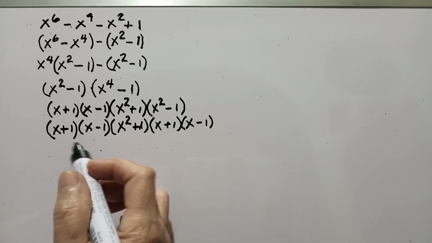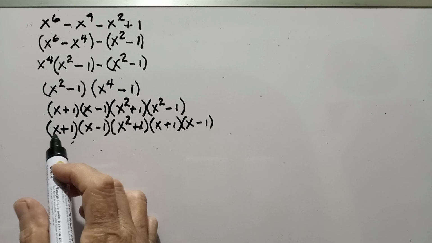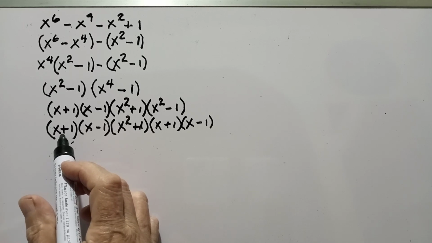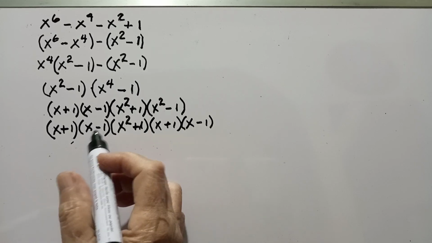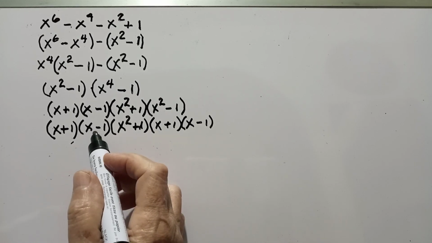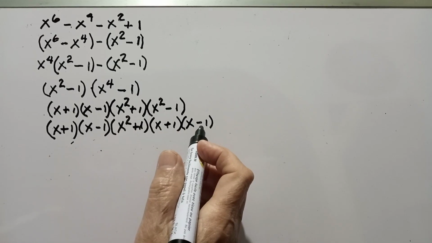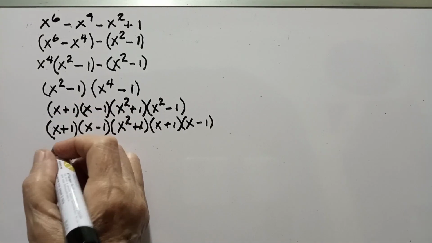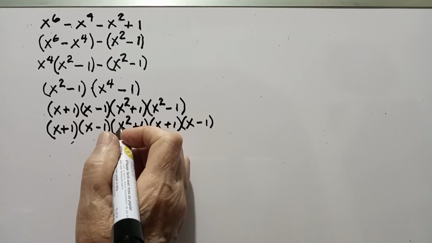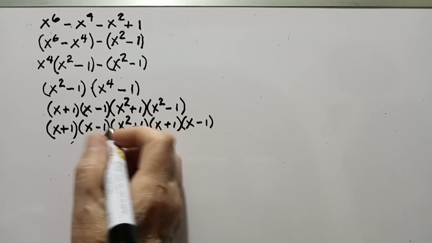Now, take note that we have two quantities x plus 1. You have here x plus 1, you have here x plus 1. Likewise, we have also two quantities of x minus 1. This one and that one. So we will rewrite this expression. We will start with the one with a greater exponent.